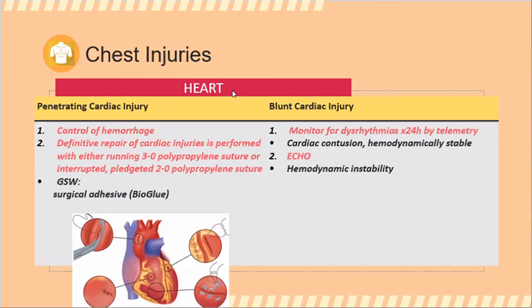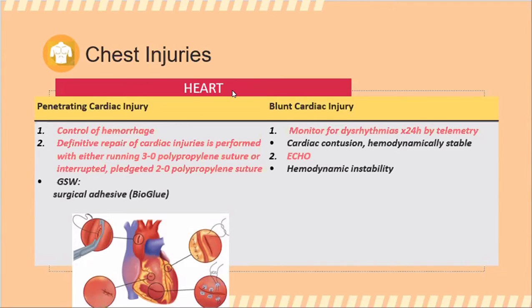For cardiac injuries naman, we have blunt and penetrating. So for blunt cardiac injury, we must monitor for dysrhythmias via telemetry. And the most important diagnostic modality for assessing chest injuries that can be done immediately, and is mostly available in any center, is your cardiac ultrasound.